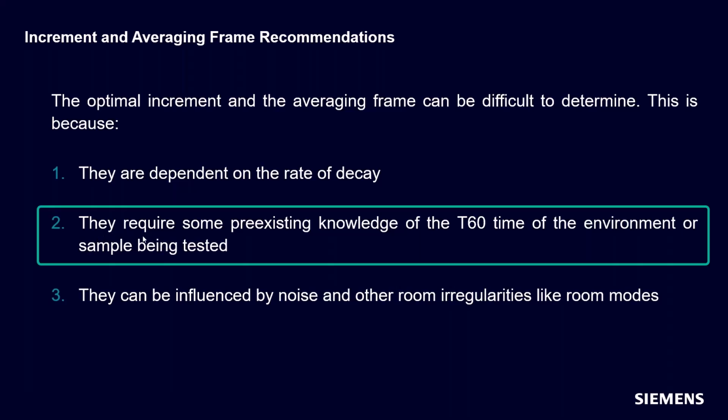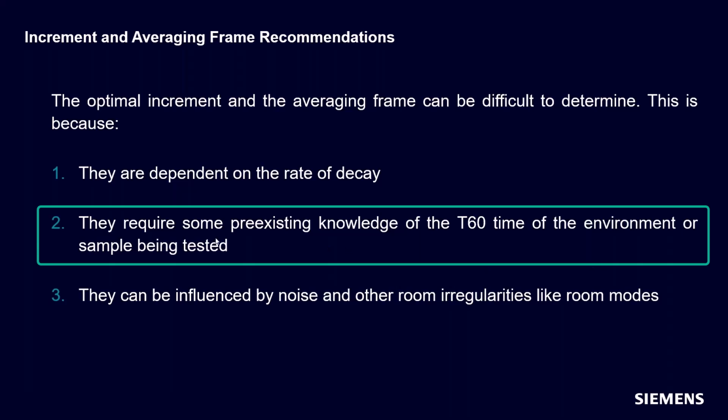They also often require some pre-existing knowledge of the T60 time of the environment or the sample being tested, in that there's optimal combinations of increment and averaging frame depending on the decay rate.